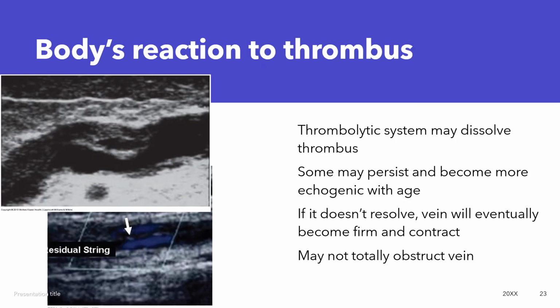So why does the body create a thrombus? We talked about Virchow's triad and how stasis, injury or trauma, and hypercoagulability can all be factors in leading to thrombus.